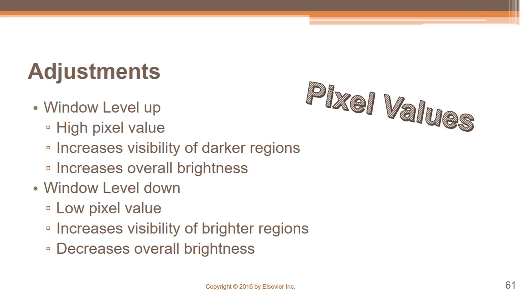So if you move the window level up to a high pixel level, it increases the visibility of darker anatomic regions. So this is where you'll see more chest or lung fields. And conversely, if you move your window level down, then you would decrease the window level to decrease the brightness. Okay? But that's all in your textbook also. So the window level up or down has to do with brighter and darker regions of interest.